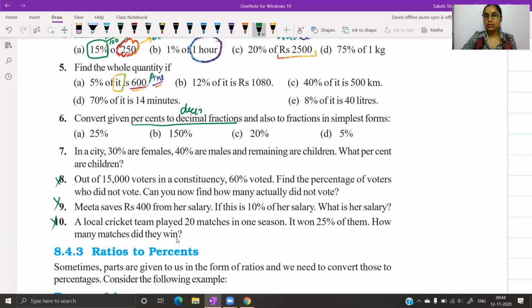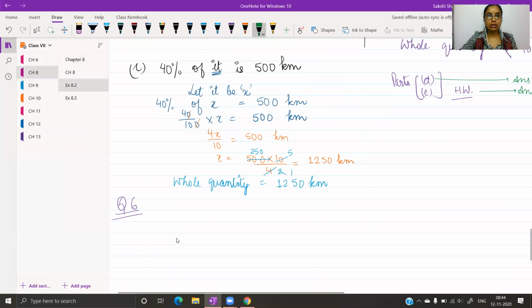Decimal fraction would mean you will change it into a fraction with denominator 100 and then into a decimal number. And then you have to change the fractions to simplest forms. So you will be giving two answers. If I'm not wrong, I will just check once. They are asking you to convert these values into decimal numbers, and then they want you to write down the answer in fractional form. Yes, that's correct. So I will show you the first part, and then I think it will be clear how to do the rest of the parts.